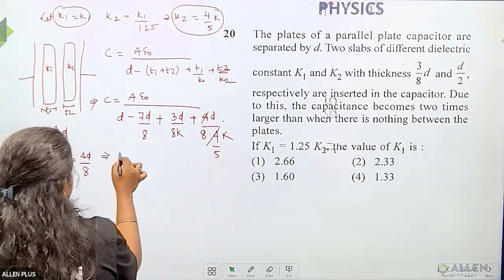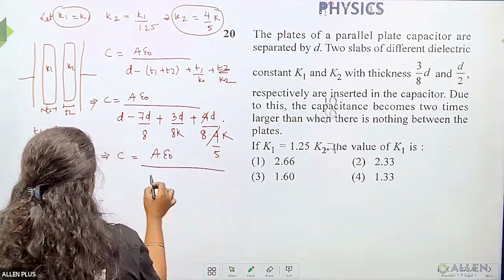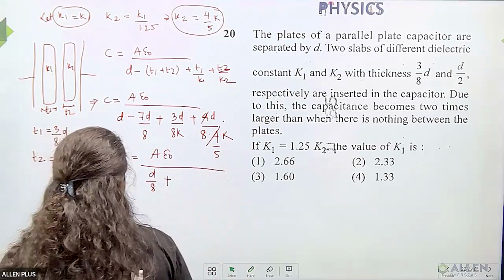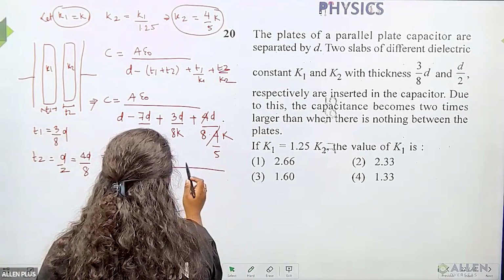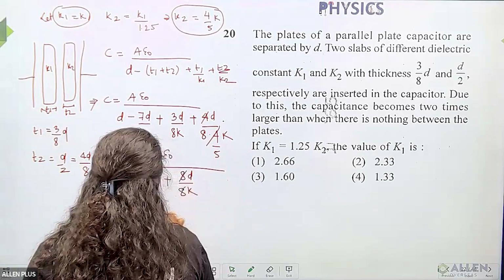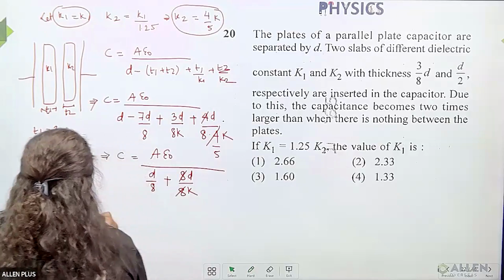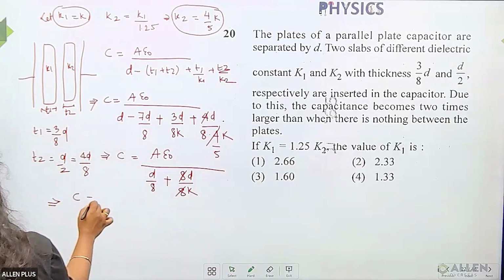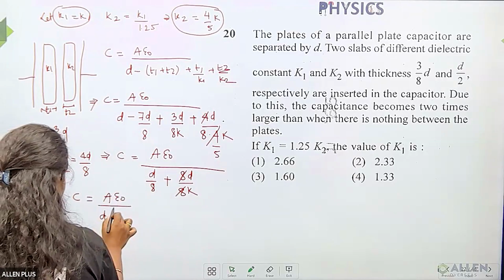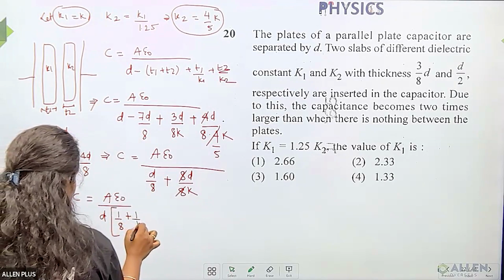So from here I can write C is equal to A epsilon naught whole divided by D by 8 plus 8D by 8K. From here I can write C is equal to A epsilon naught whole divided by D, if you take commonly outside, you will be left with 1 by 8 plus 1 by K.